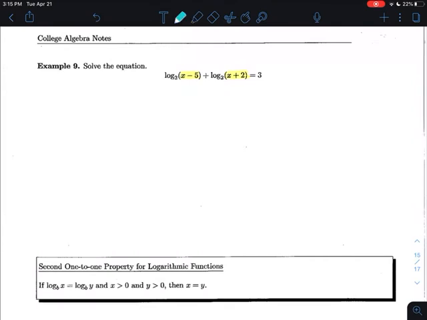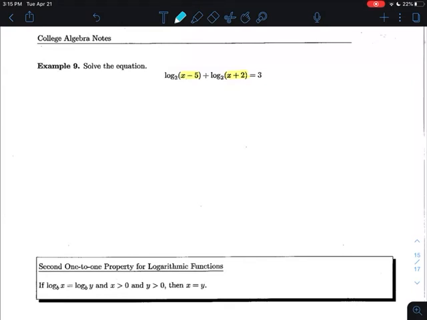When we solve our log equations, we have to come back and check our answers to make sure that once I plug in the value for x, I don't get a negative number in that parentheses, or I don't get 0. If you get a negative number or 0, you have to exclude that x value as your answer.